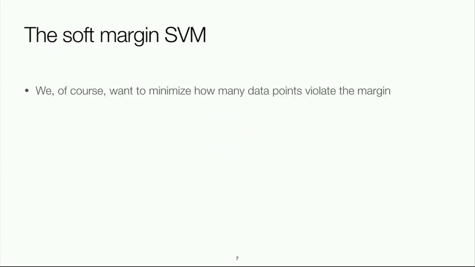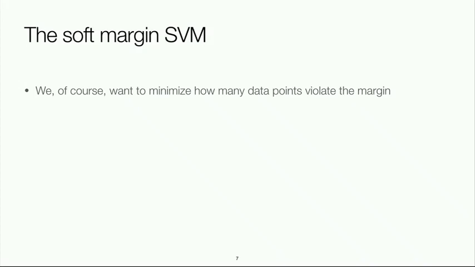Great, so let's talk about that. We've introduced these slack variables, which basically say some of my data points are allowed to be on the wrong side of the decision boundary, or at least on the wrong side of the margin. And this is great. We've set up the mechanism for allowing for incorrectly classified data points, which we might need if the data are not linearly separable.